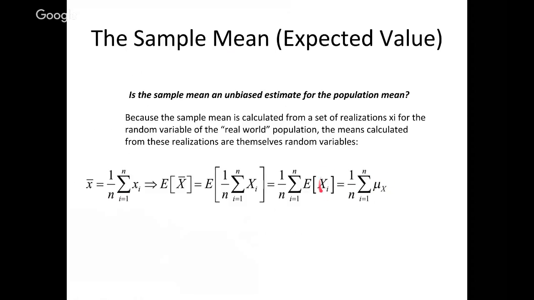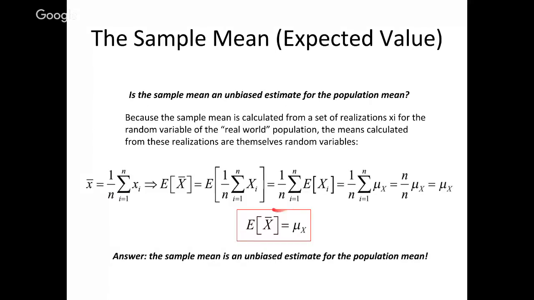The population mean is just a constant. So you're summing the population mean from i equals 1 to n, which is the same as taking n times the population mean. And so now you have n over n, which is of course 1. And so this all equals the population mean.